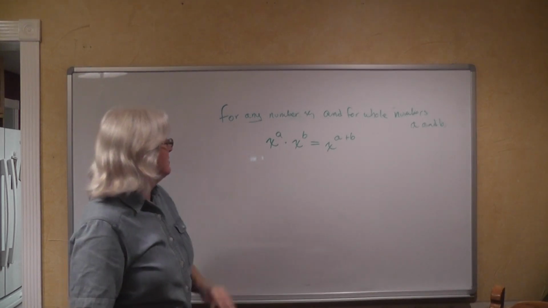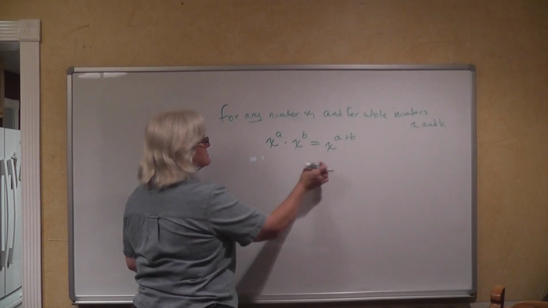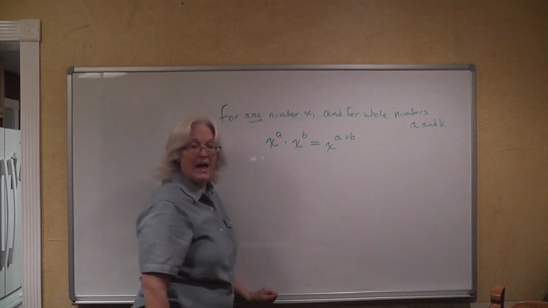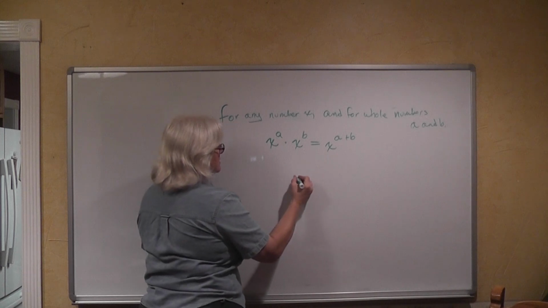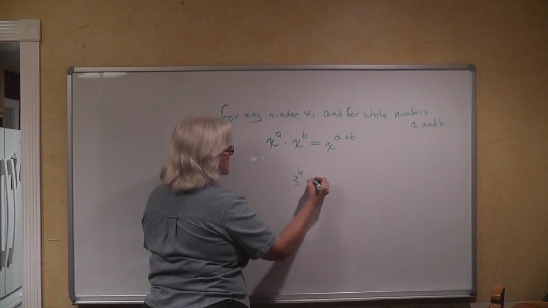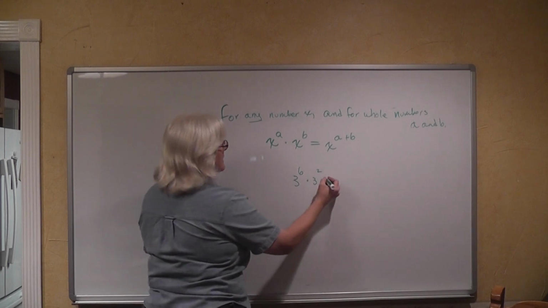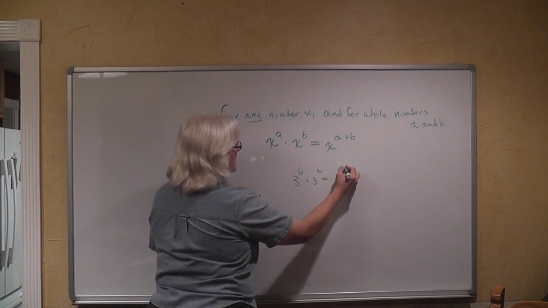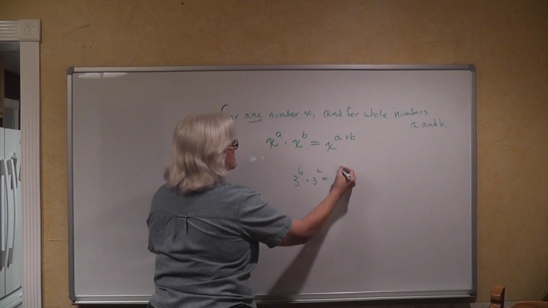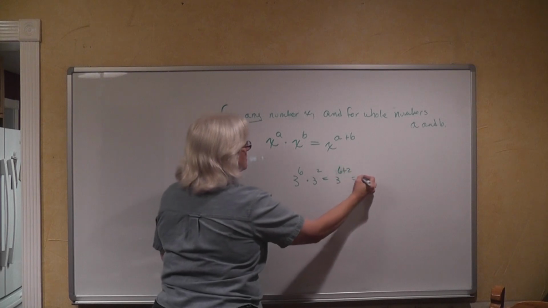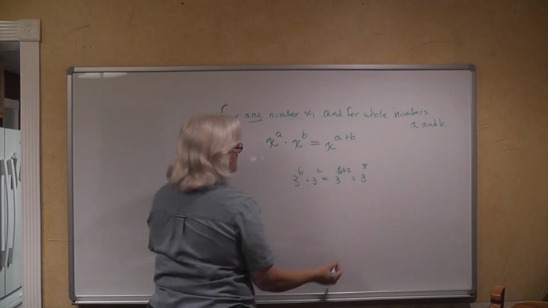And they say that if you have the same base, you simply add the exponents. So 3 to the 6th times 3 squared, you would keep the base and add the exponents. 6 plus 2 would give you 3 to the 8th.